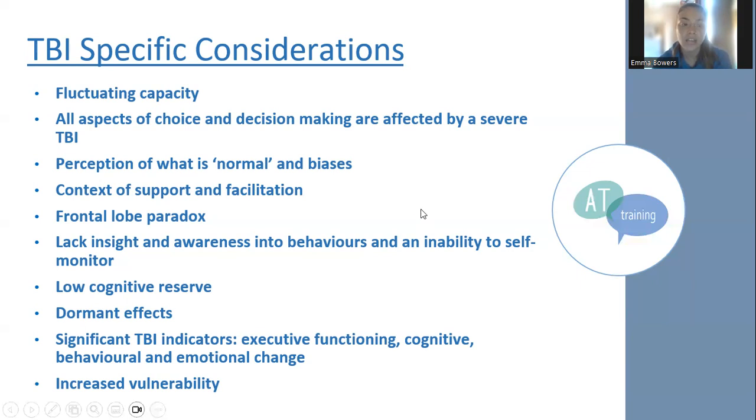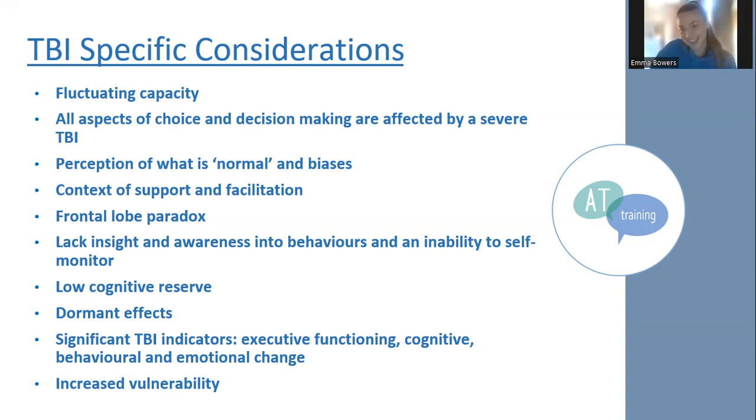And just lastly, a teenager with a brain injury is more vulnerable than a teenager without a brain injury. So always, when you are considering behaviours and what's happening for your client, that needs to be borne in mind.